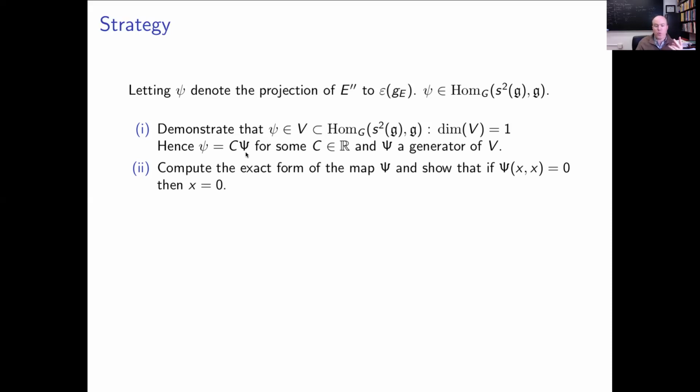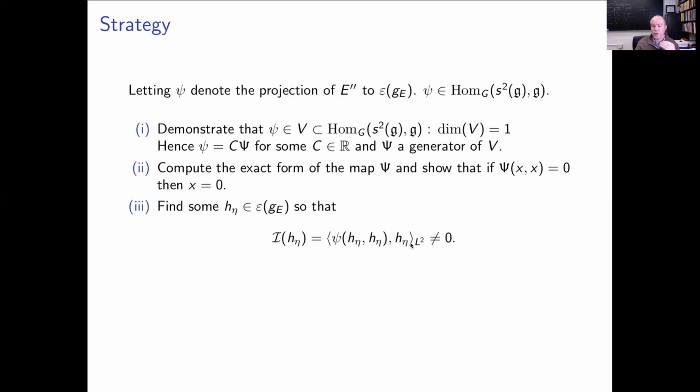And then what are we going to do? Well, now we just have to find one h eta, with a careful choice of eta, so that this quantity, the obstruction, doesn't vanish. And the point, of course, is that because psi lies in this one-dimensional subspace, psi is a multiple of the generator. So what we have to do is prove this number c is not 0.